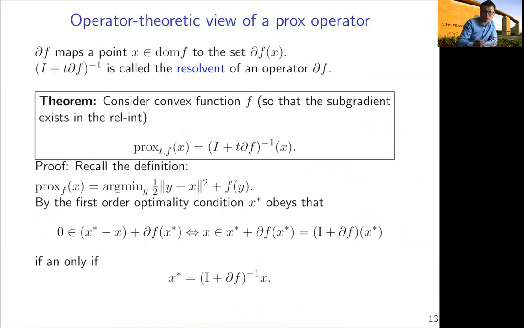So the subdifferential is a mapping from a point in the domain of F to a subset of the domain of F. That's called the subdifferential. Okay, so this is a point to a set.